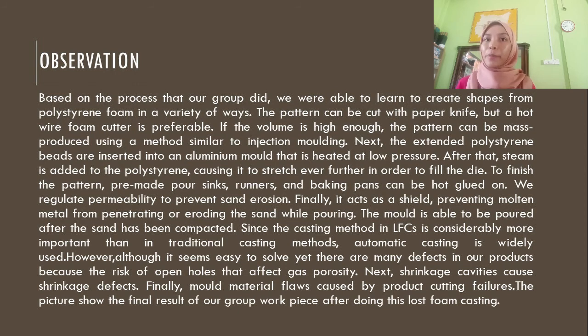Next, the expandable polystyrene beads are inserted into an aluminium mold that is heated at low pressure. After that, steam is added to the polystyrene, causing it to expand further in order to fill the die. To finish the pattern, pre-made sprues, runners, and pouring cups can be hot glued on.